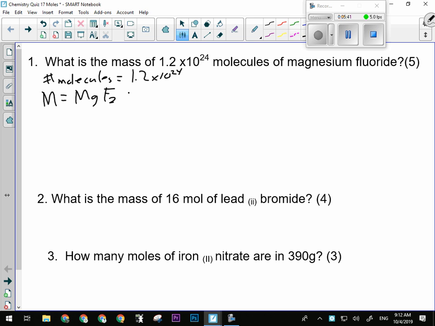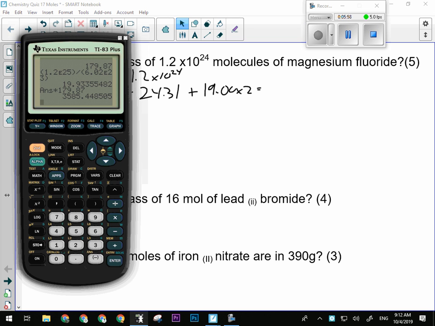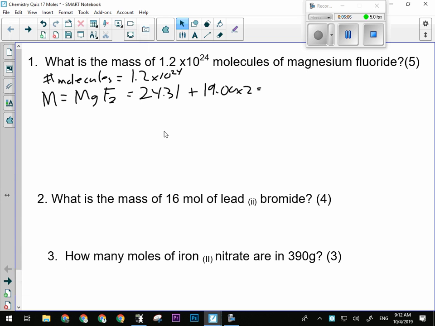We're going to have 24.31 plus 19.0, times 2. So we got 62.31 as our molar mass.